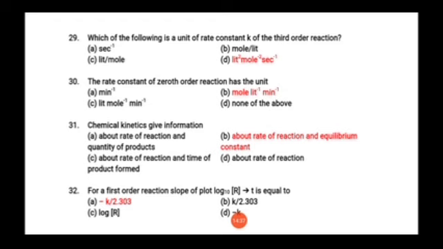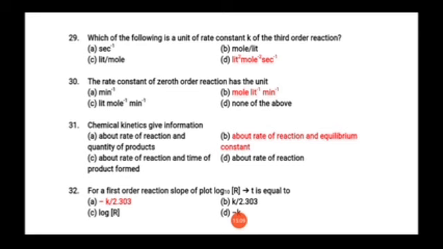Next MCQ: which of the following is a unit of rate constant of a third order reaction? Students, from our first topic of this unit, I have given you the formula to find the unit of rate constant: second inverse into mole per liter raised to 1 minus n. Substitute the value of n, that is 3.